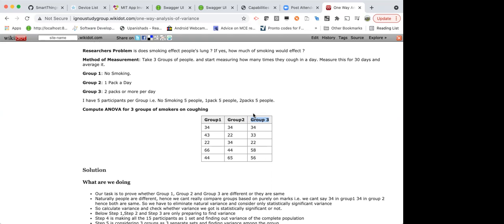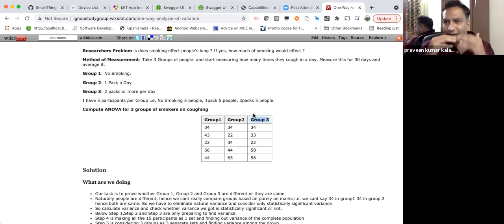Exactly. Now, like any other problem, what is more? How do you determine what is more? Is F 2 better, 3 better, 4 better, 5 better, 10 better? How do you say what is more? Again, there is a table. You refer to that table based on the degrees of freedom, like the number of groups and the number of entries in each group.